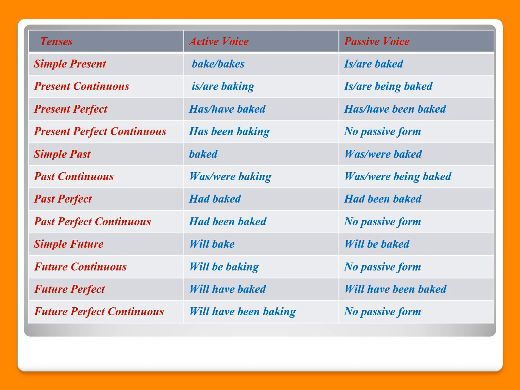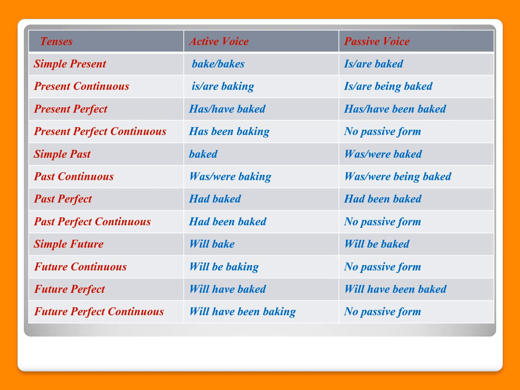Bake has three forms: bake, baked, and baked. It is a weak verb, and the past tense and the past participle, that is verb 2 and verb 3, remain the same. So verb 3 form is baked.